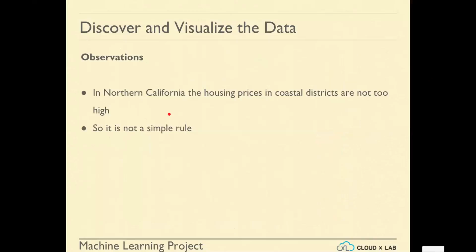So in North California, the house prices in coastal districts are not so high. So it's not a simple rule to just follow. And Pawan's point is that these are not in the cities. Good. So the second criteria is the cities.